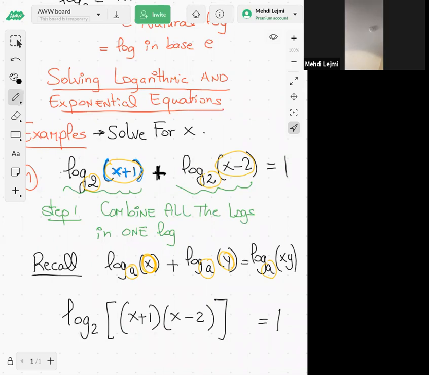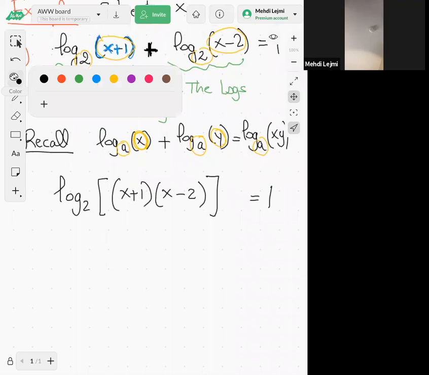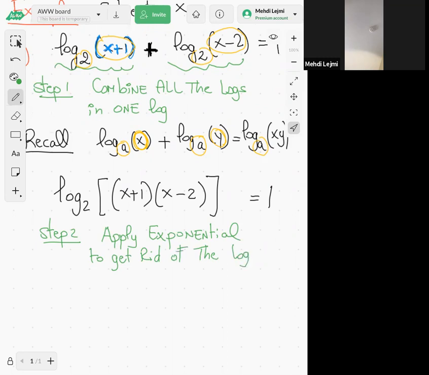Now, because I have only one log, I can get rid of the log, right? Using the exponential. So step 2 would be to get rid of the log using exponential. That's step number 2. Apply exponential, same base, to get rid of the log. Okay, so what's my base here?